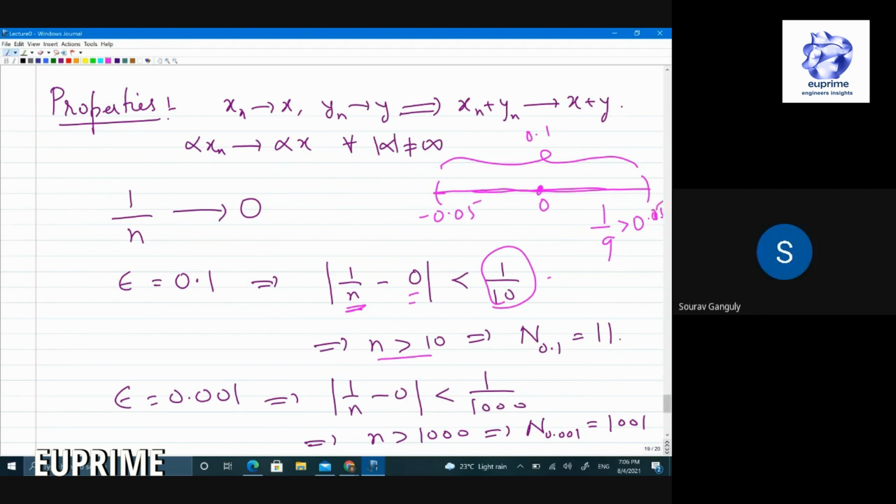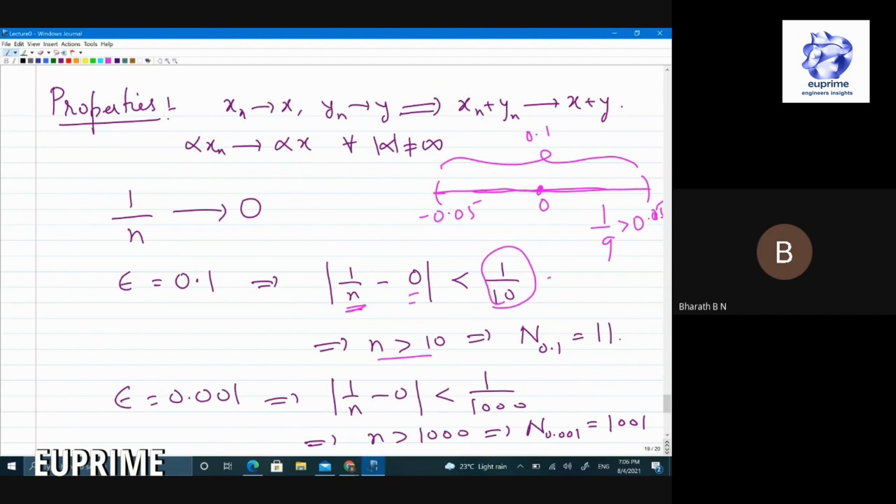If you take n equal to 9, that is 1 by 9, which is definitely outside of this. So unless n is greater than 10, you cannot be within this room. Do you agree?